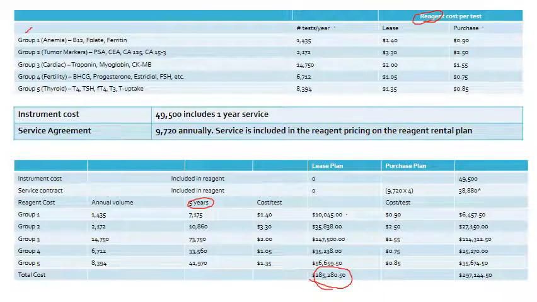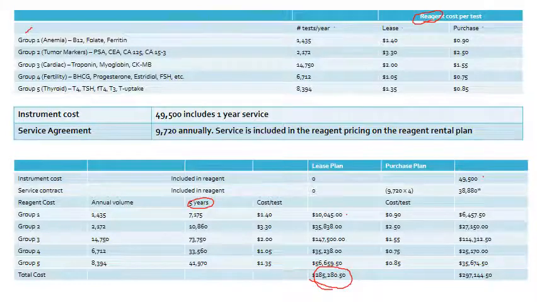If you go with the purchase plan, you have to take the cost of the equipment, $49,000, plus the service contract, where the first year is included in the contract, but then the next 4 years, $9,700 times 4 years, that gives you your $38,000 for the service contract.